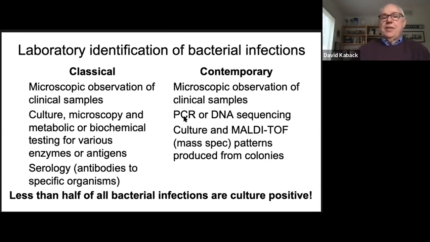Another thing is that if an organism is culture positive, if you take a sample and it's culture positive, one of the fastest ways now of identifying that culture positive organism is by mass spec.